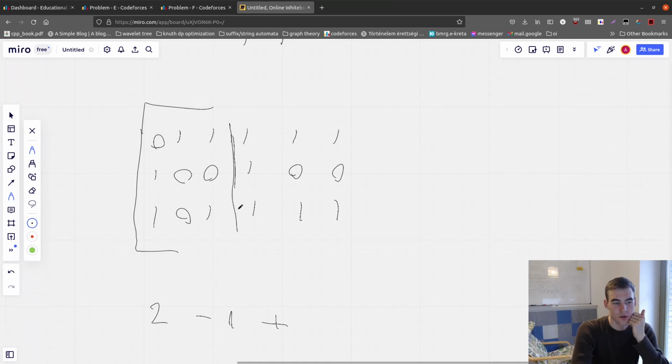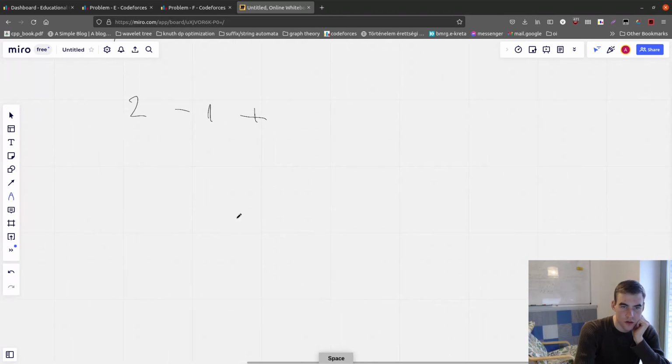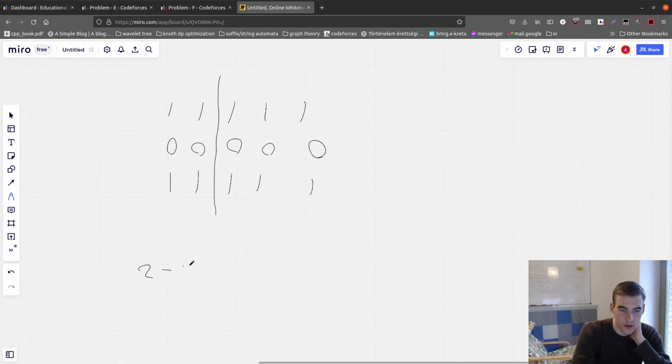There can be 2 components that reach over. So what can happen is 1, 1, 1, 1, 1, 1, 1, 1, 1, and 0, 0, 0, 0, 0. Here it's 2 minus 2. The number of components that cross this line. This and this.